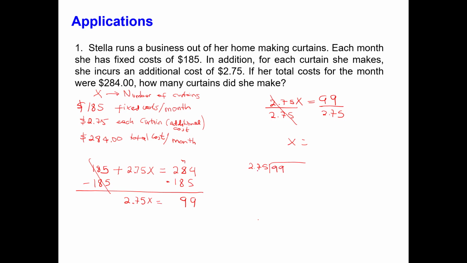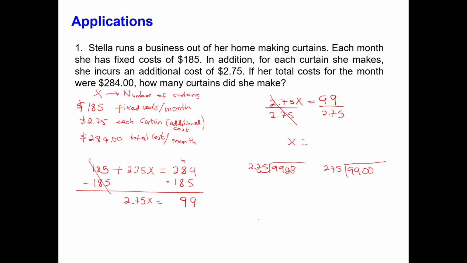If we have a decimal number in the denominator, we need to move the decimal point to the end, 2 places, and we will do the same here. If the decimal point is not explicit, it is at the end of the number, so 1 place, 2 places. Then the division we want to do is 99 divided by 275.